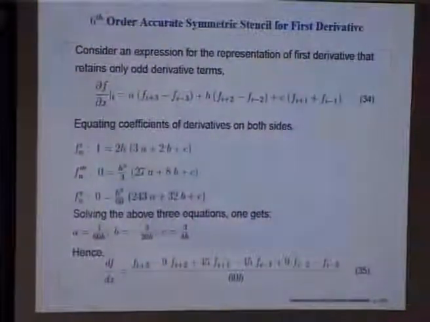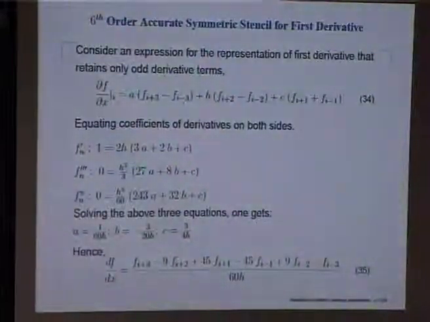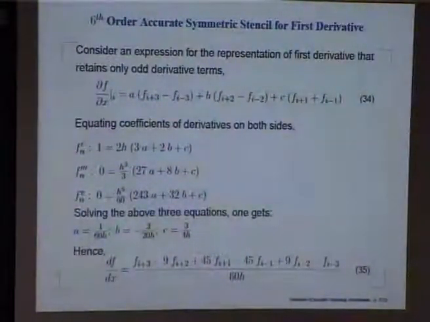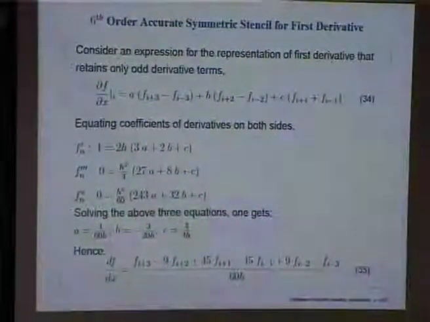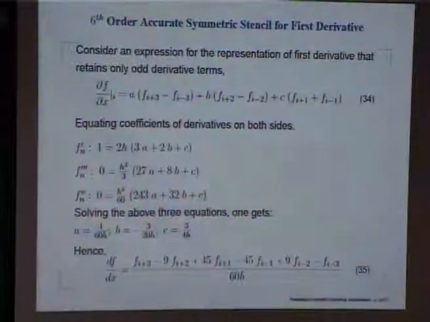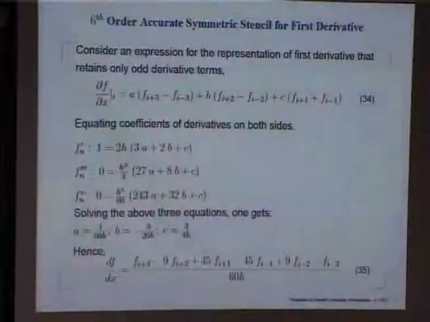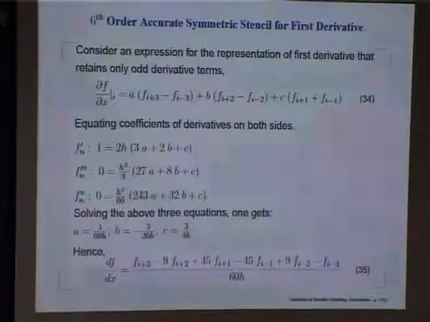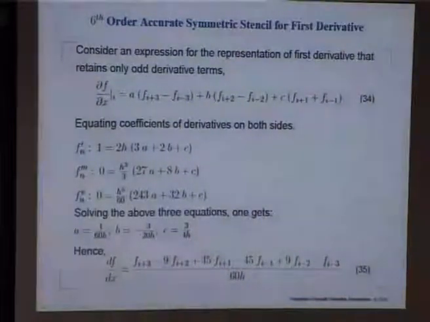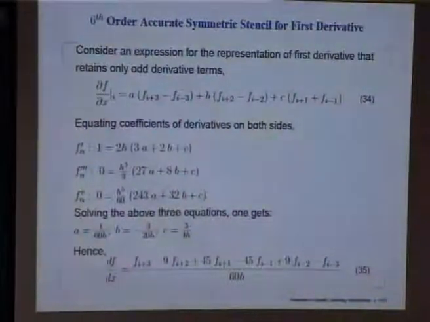So, if I look at the first derivative, f prime i, the left hand side coefficient is 1, and on the right hand side what do I get? From here I will get 3h into the first derivative, and there are 2, one coming from here, one coming from there.